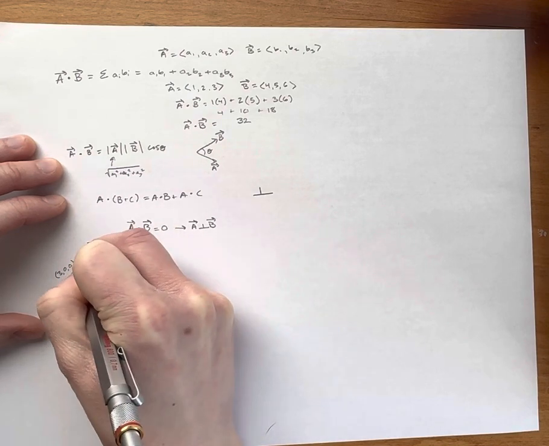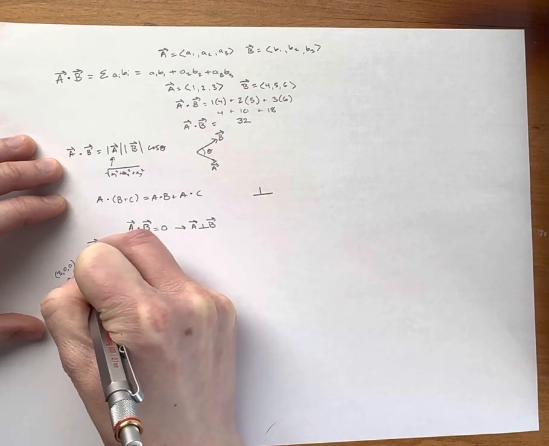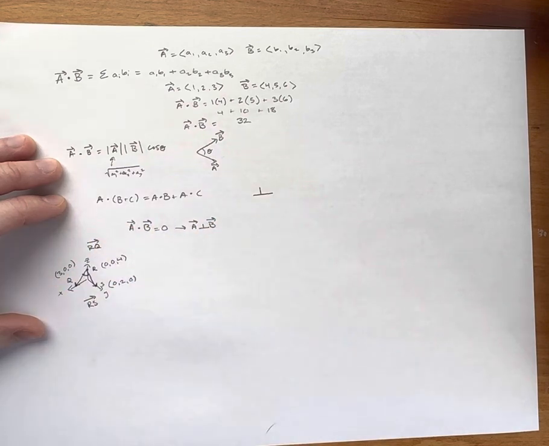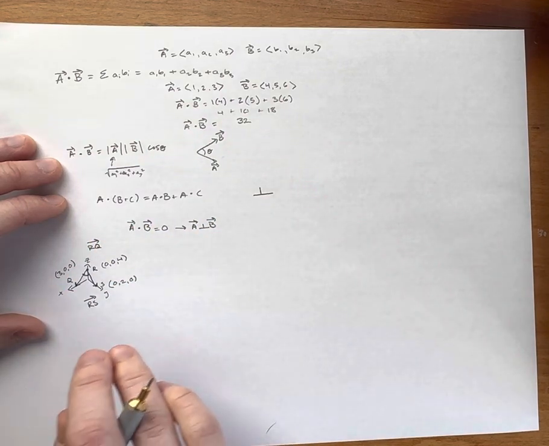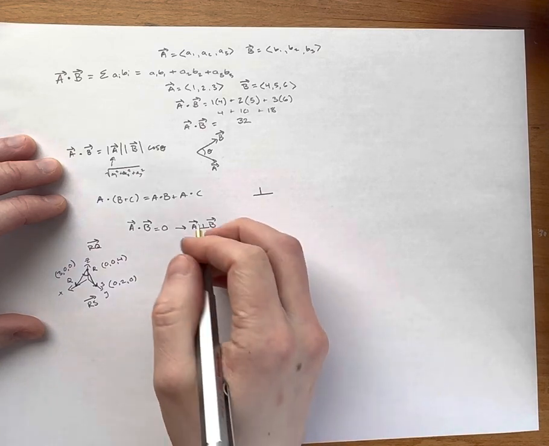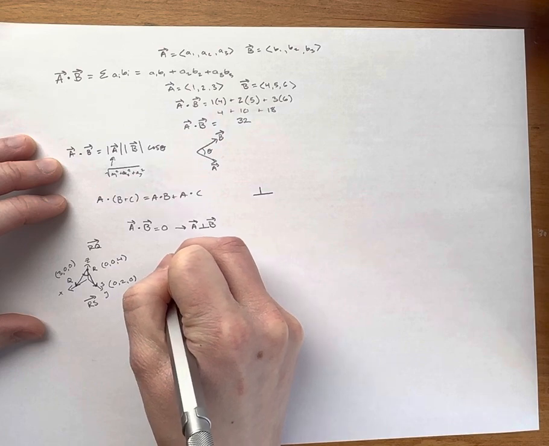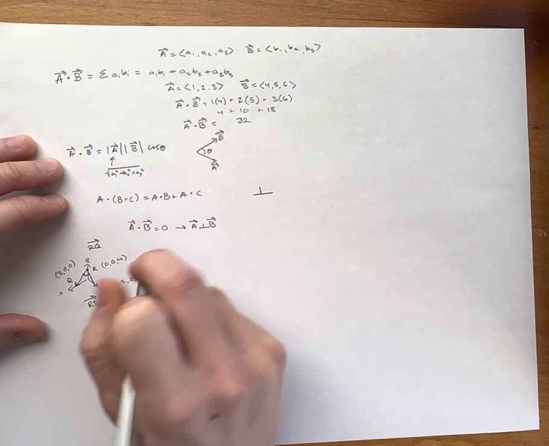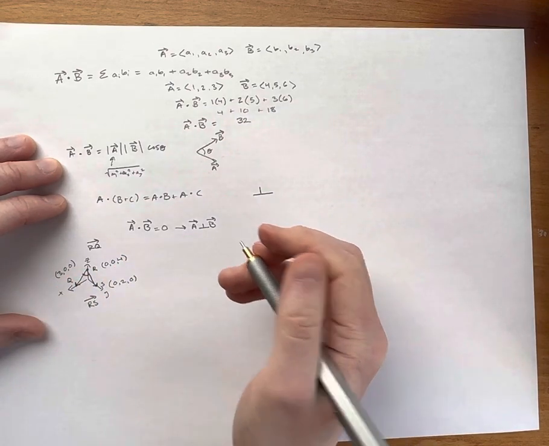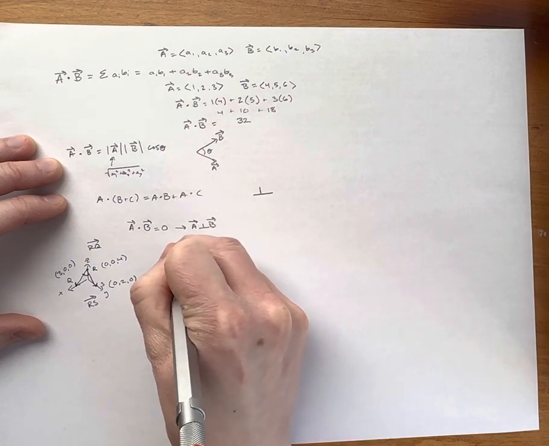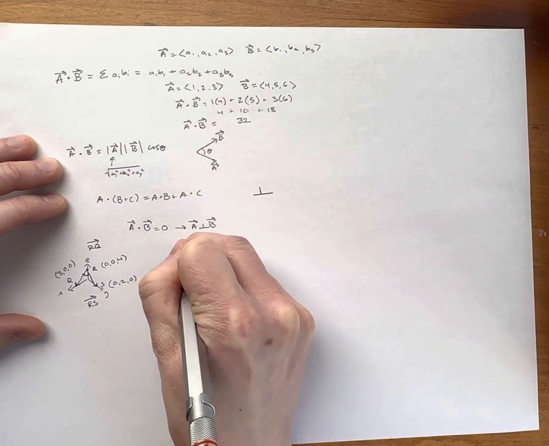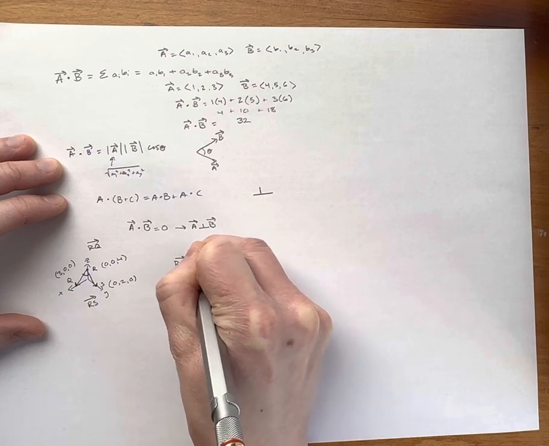And say we want to know what this angle right here between those two vectors is. Well, what we can do is use the dot product. So to find this angle, we can take the dot between the two vectors, which is going to look like this.